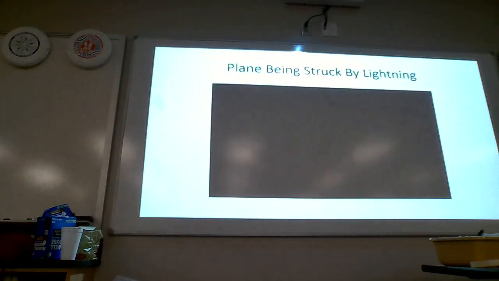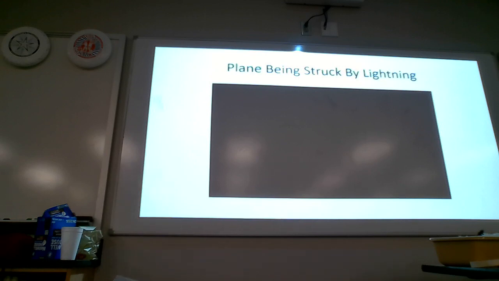But yet the plane still flies. The lights still blink. Nothing's wrong, other than you probably need to change your pants afterwards because of the thunderclap. Yep, that was pretty loud. So there you go. The lightning strikes the airplane, the electrons are wanting to go to the ground.